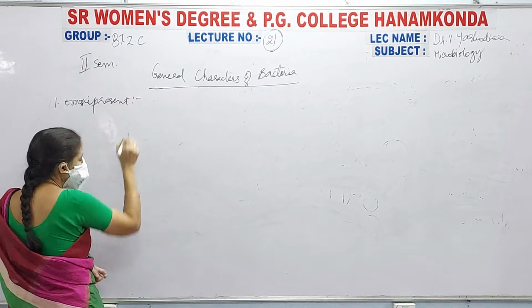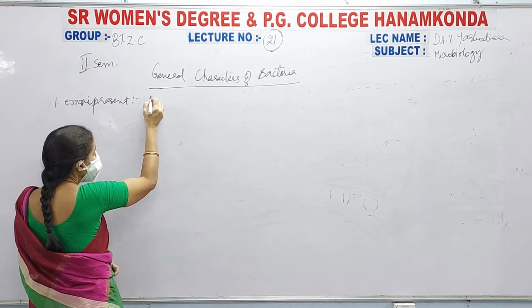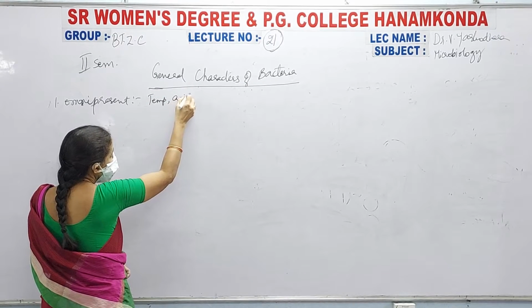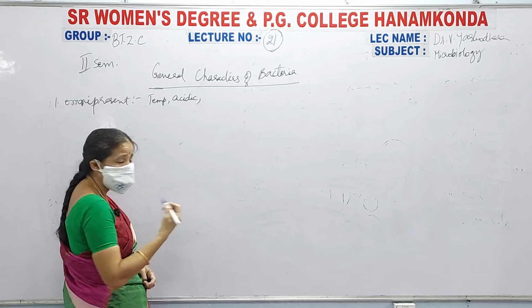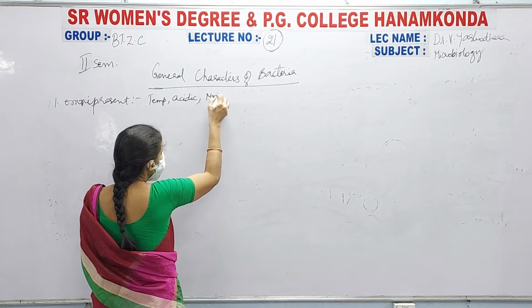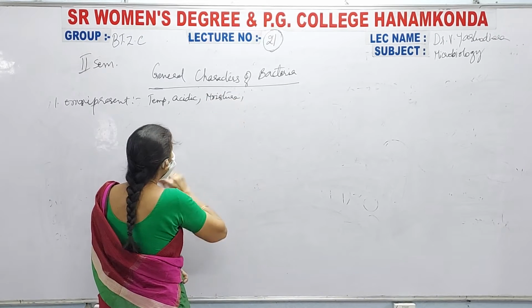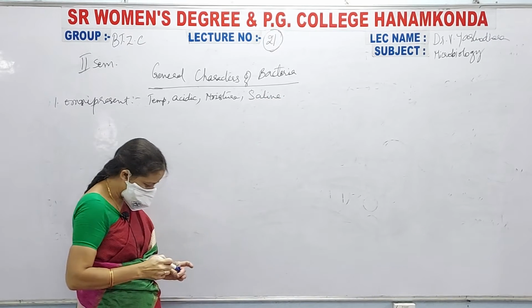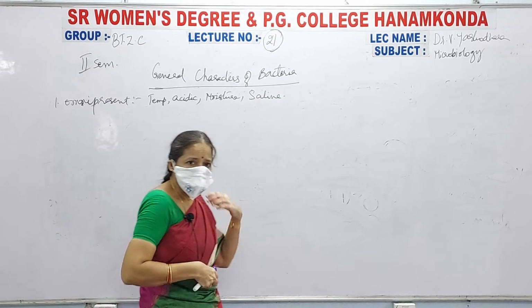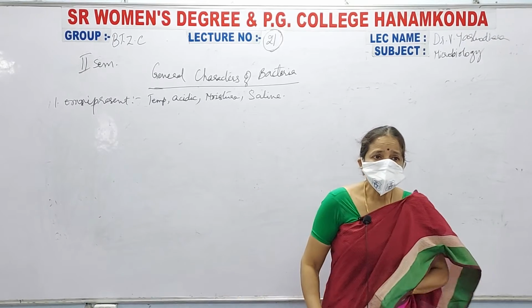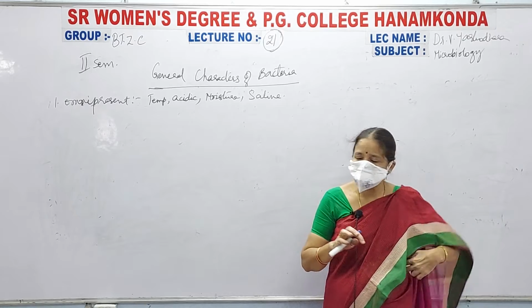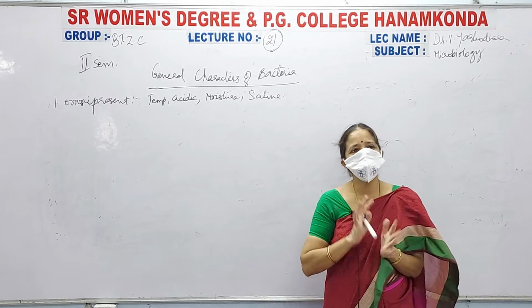That means they are present everywhere: in high temperatures, in acidic conditions, in moisture, and in saline conditions. The microorganisms are present everywhere, just like God. God is omnipresent, so microorganisms are also omnipresent.